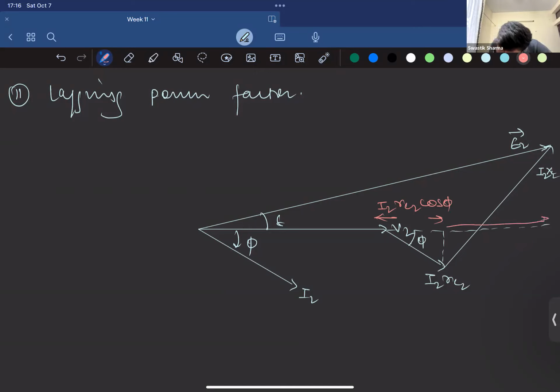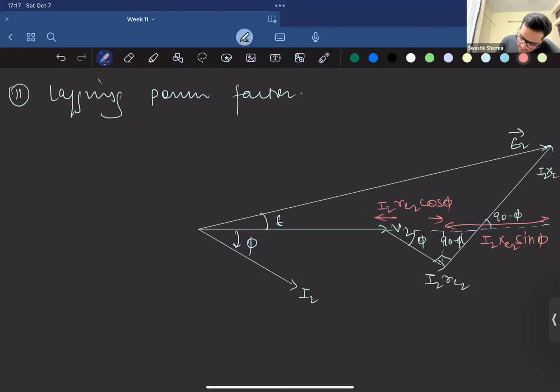And this thing, what is this? This is 90, this is 90 minus phi. This is also 90 minus phi. This would be I2 times XE2 sine phi, right? Because cos of 90 minus phi is sine phi.